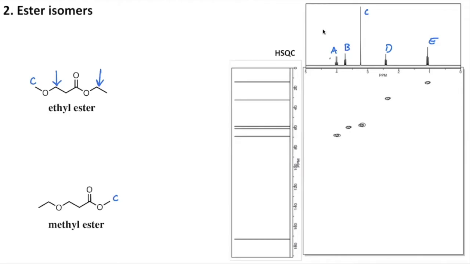This looks to me to be a quartet splitting, so that must have 3 neighbors, right? And so if we look at this one in the middle here, can it be that one? No, I don't think so. It only has 2 neighbors, so 2 plus 1 would be 3 and a triplet. That's a little bit of a spoiler for where we're going next. But what about this one on the ethyl ester here?